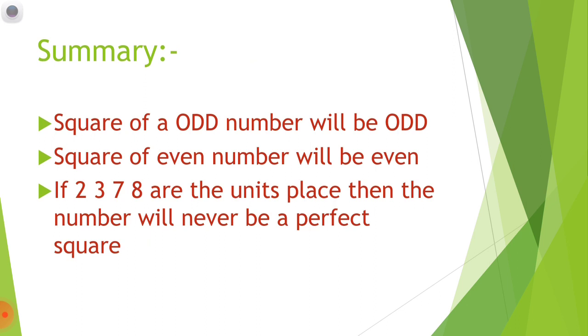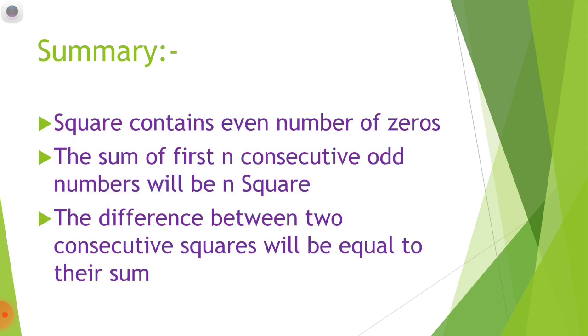Next, summary. Now I will read all the important facts of perfect squares. Square of an odd number will be odd. Square of an even number will be even. If 2, 3, 7, 8 are in the units place, then the number will never be a perfect square. Squares contain an even number of zeros.